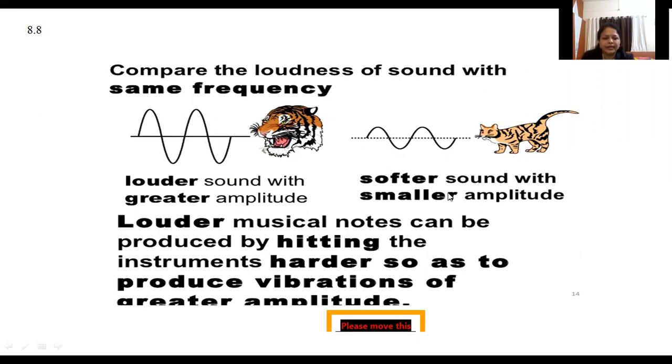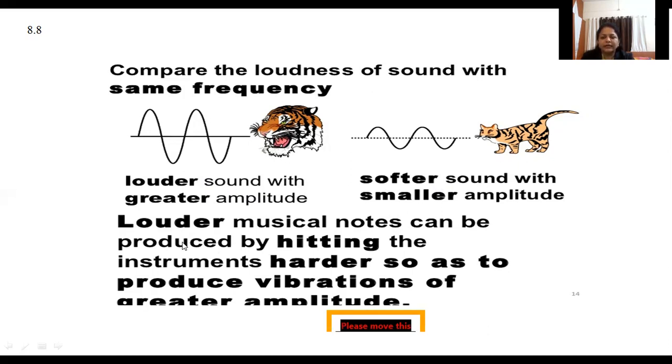Here the cat has a soft sound because the amplitude of this sound wave is smaller than the amplitude of this wave, which has a greater amplitude. That's why we hear the tiger's voice louder than the cat.